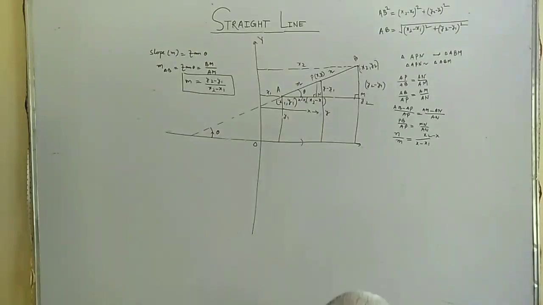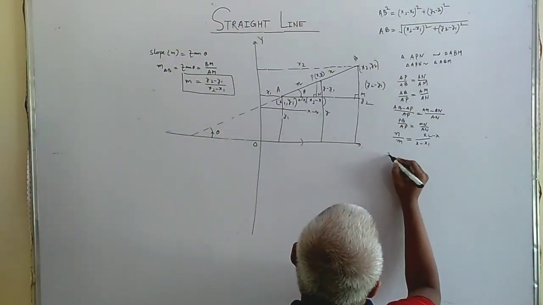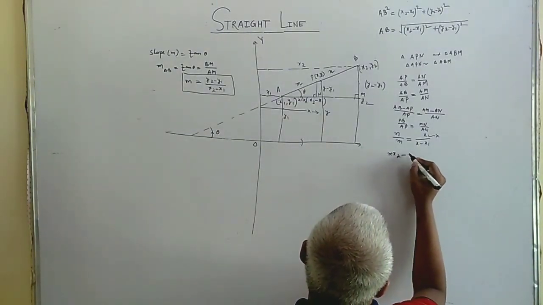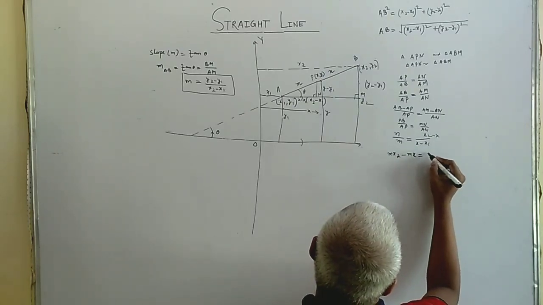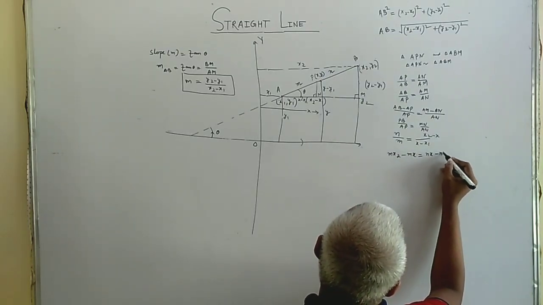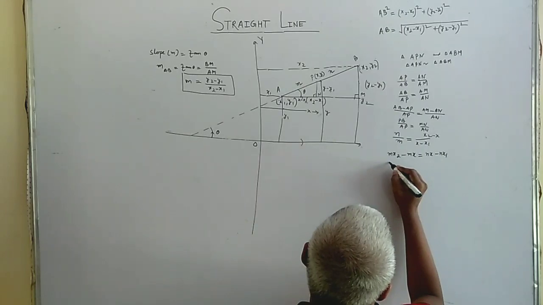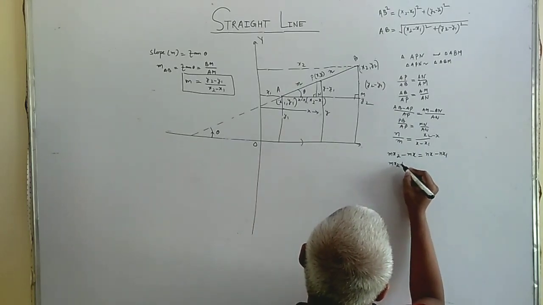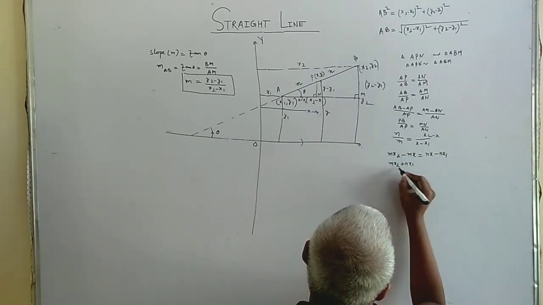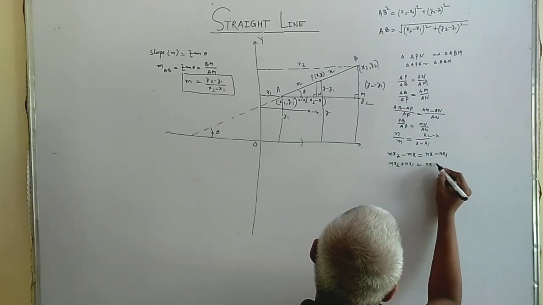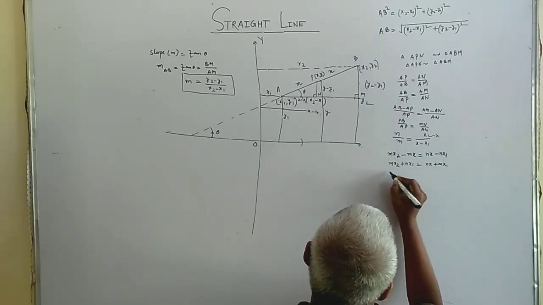So now here you see what I got: mx2 minus mx is nx minus nx1. So I write mx2 plus nx1 is nx plus mx.